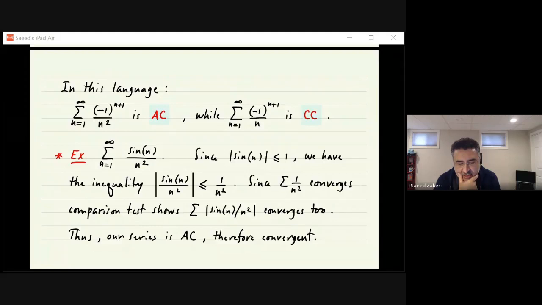If you can do that, then we know that absolute convergence definitely implies convergence. It's even stronger. Absolute convergence is one level stronger than the regular convergence. Okay.